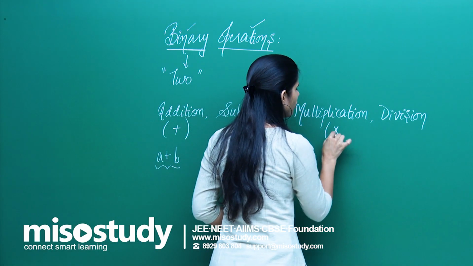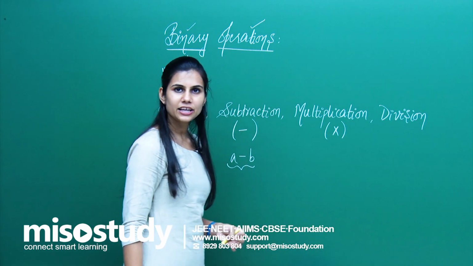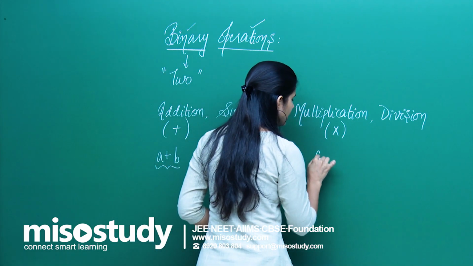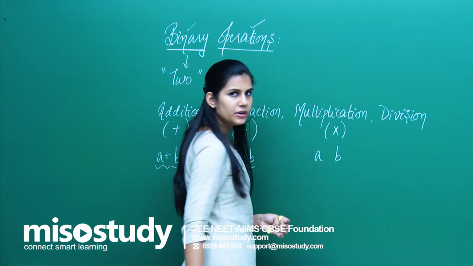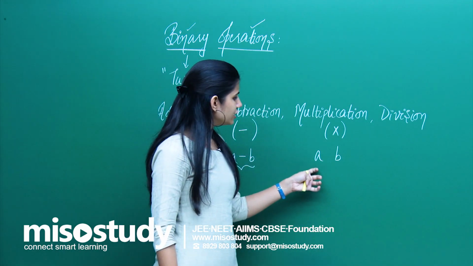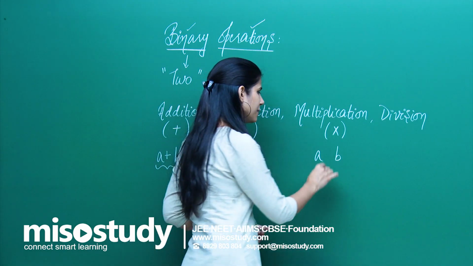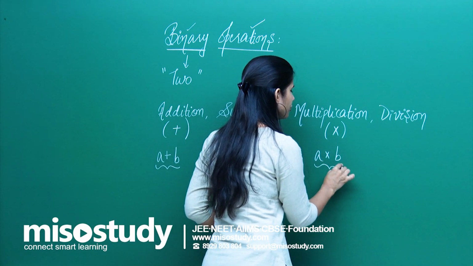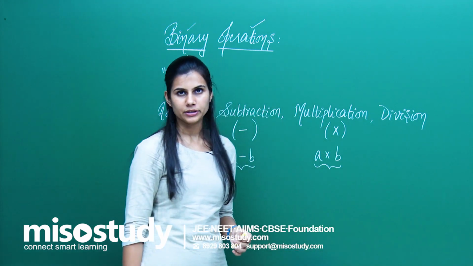What was the job of the operation of multiplication? It also combined any two numbers. It combined two numbers with the help of the multiplication operation to create one single number.